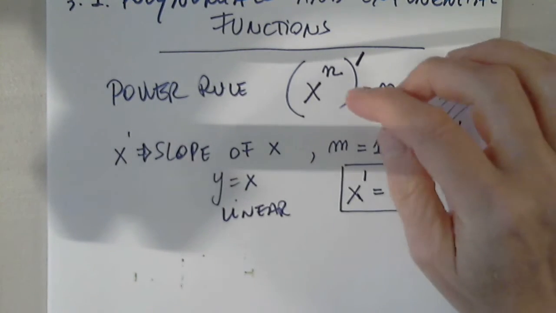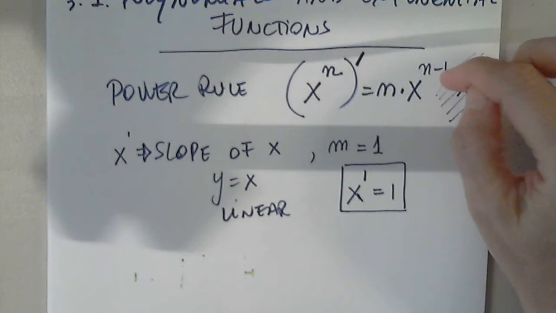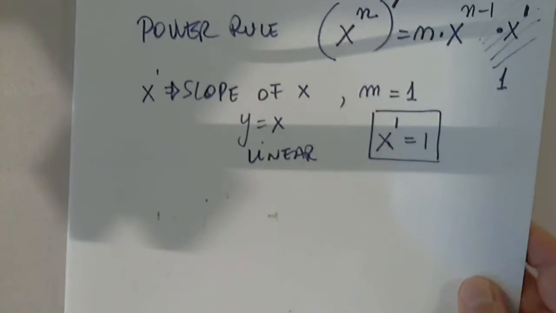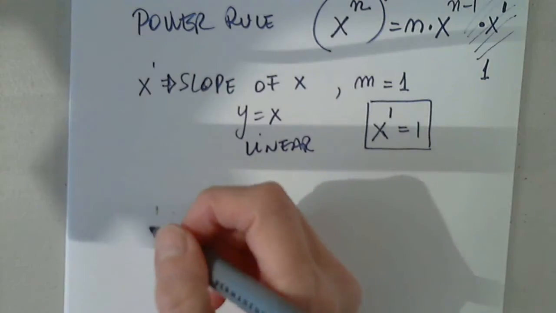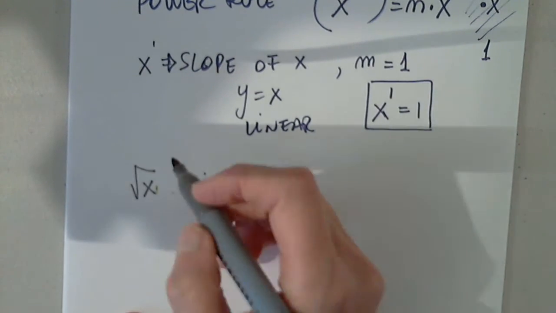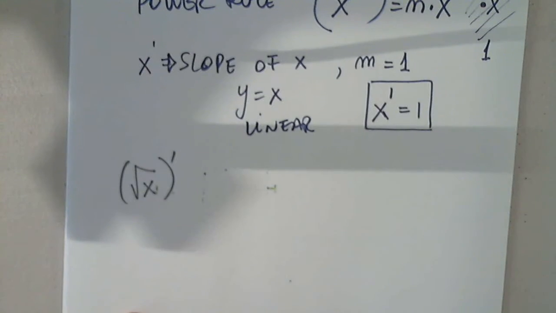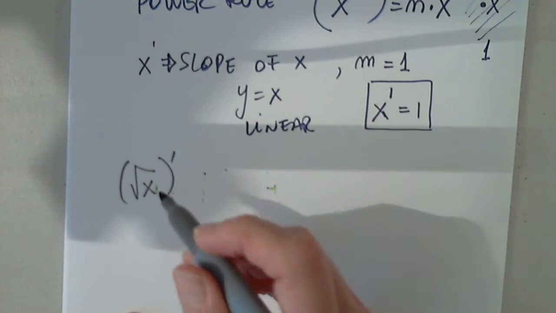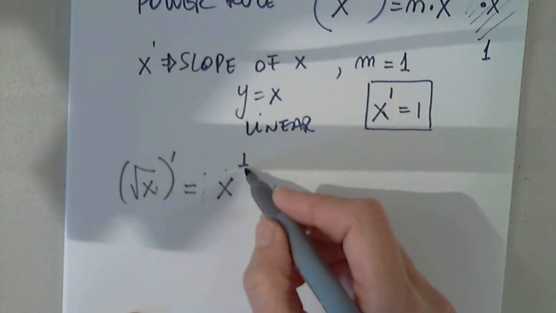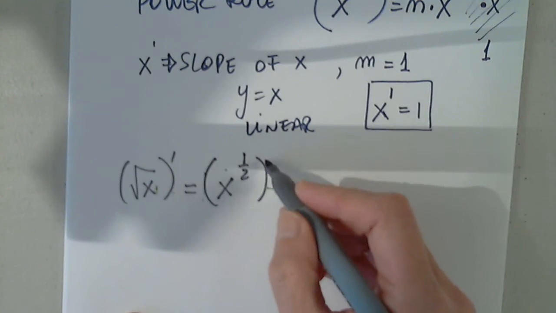So the power rule, one more time, says bring down n and subtract 1 from the power. Okay. I would like to discuss the square root of x. Although we know that this is not a polynomial, it can be rewritten as x to 1/2. I hope everyone agrees with this.